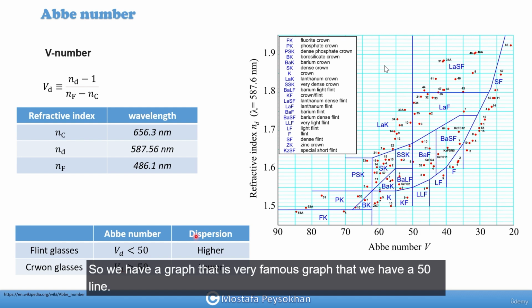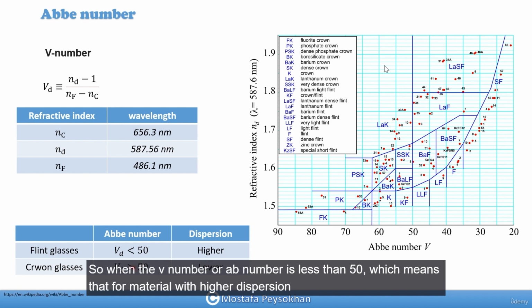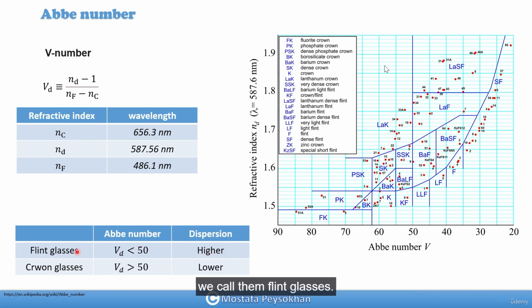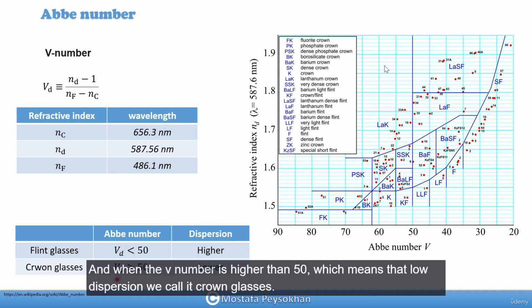We have a very famous graph with a line at 50. When the V number, or Abbe number, is less than 50, which means a material with higher dispersion, we call them flint glasses. And when the V number is higher than 50, which means low dispersion, we call it crown glasses.